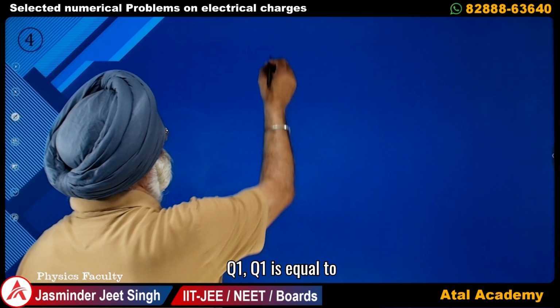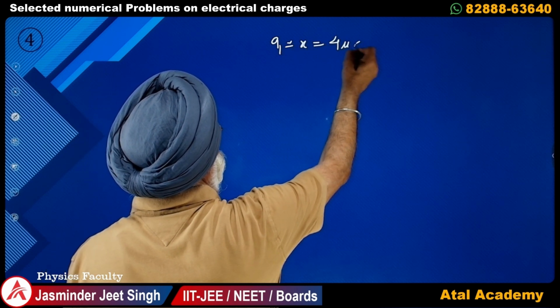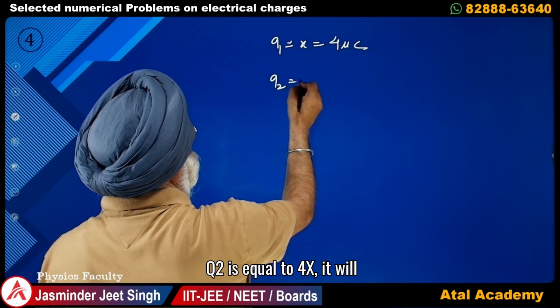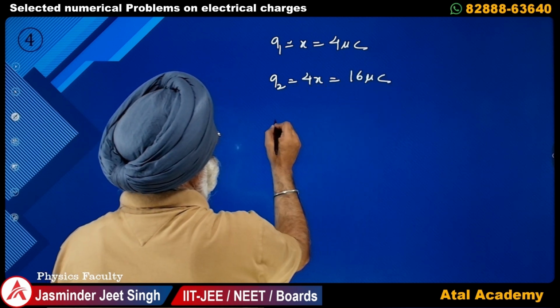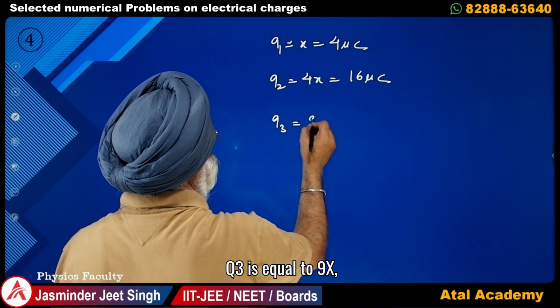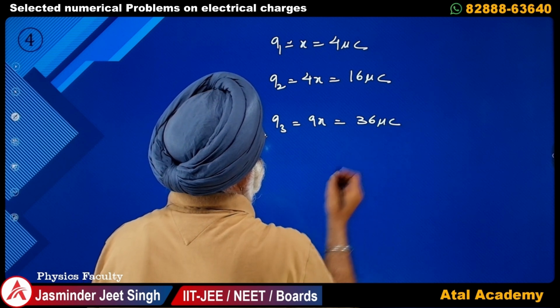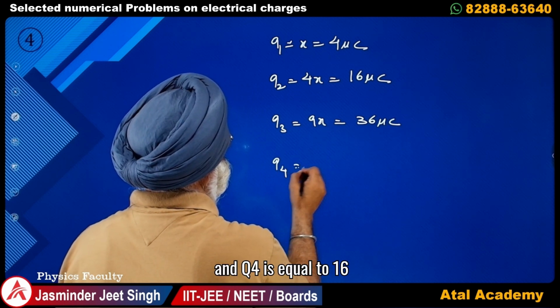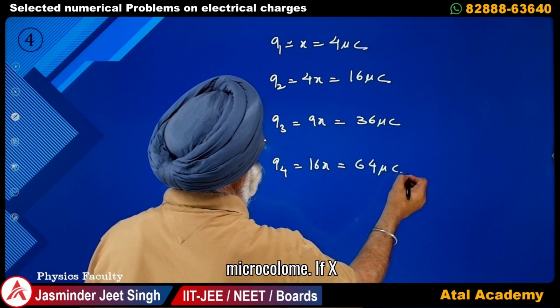The charge Q1 is equal to X is equal to 4 microcoulomb. Q2 is equal to 4x, it will be 16 microcoulomb. Q3 is equal to 9x, it will be 36 microcoulomb. And Q4 is equal to 16x, 16 into 4, that is 64 microcoulomb.